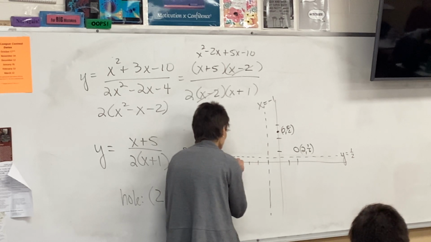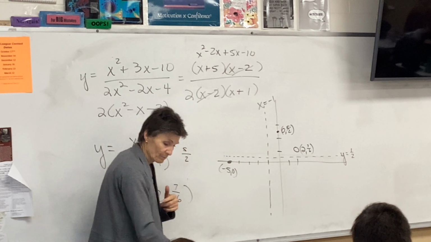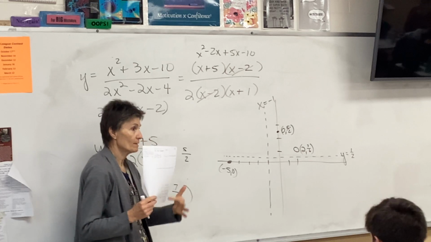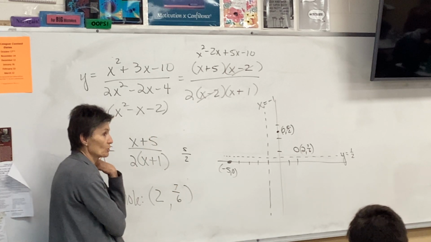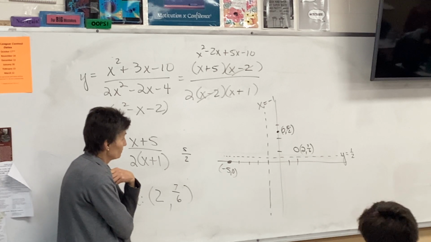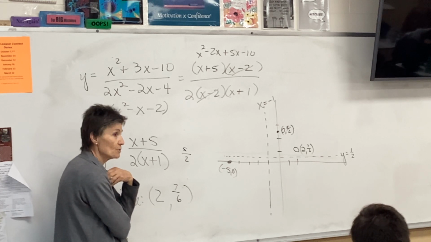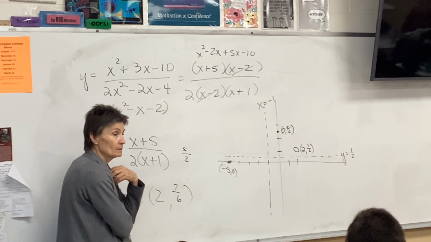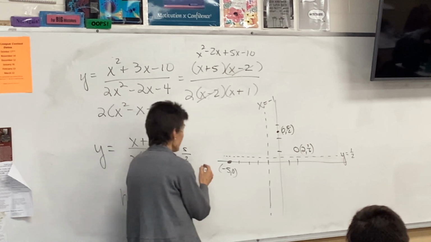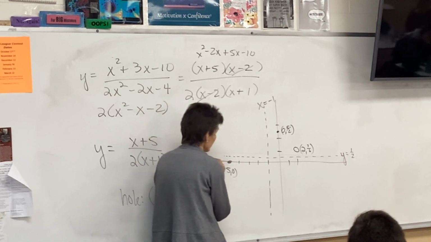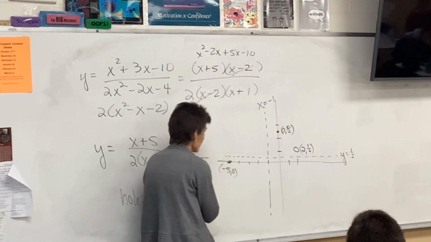And now all of your blanks should be filled in. All of those blanks down here should all be filled in. That means you're ready to sketch your picture. So what do you think? Can you sketch it in from here? I think this one's pretty obvious. Oh wait, no it's not.